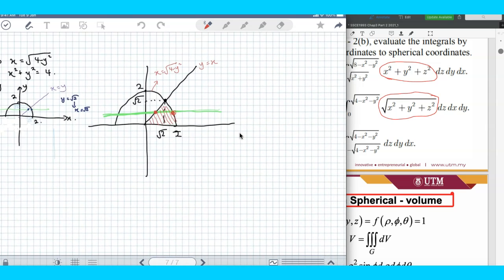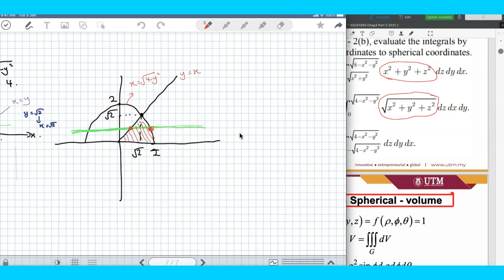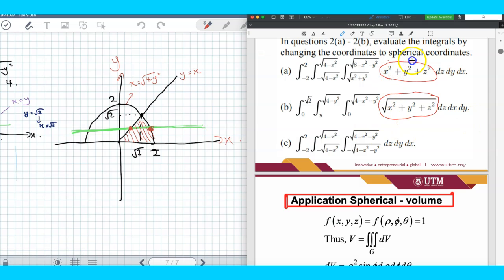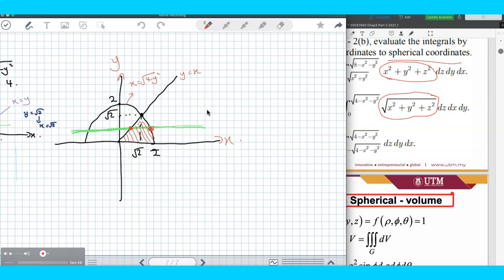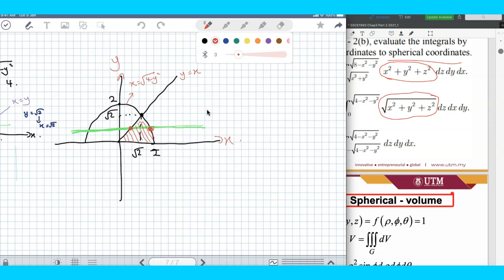From the region on the xy plane, it will only give you the theta, because you want to solve using spherical coordinates. I repeat, on the xy plane you can only get the limit of theta.